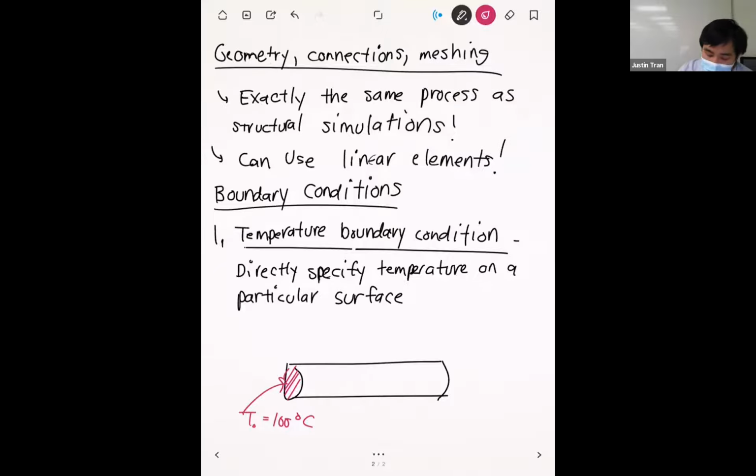How does this compare, or what's the analogy between this and our structural simulations? The temperature boundary condition is, I think, our only one, and this is exactly the same as applying some kind of constraint.